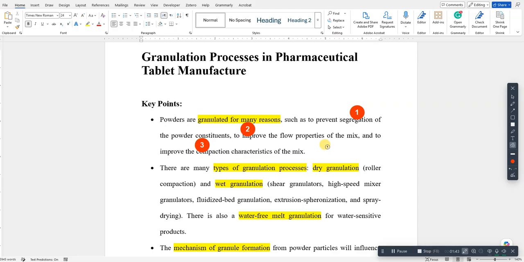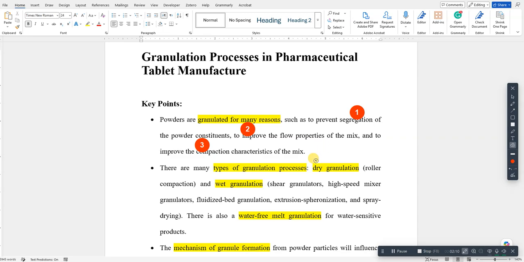In most cases, just mixing the powders and filling them in die cavities of the tableting machine does not result in compacted tablets with sufficient strength. So making them as granules will provide them with such compaction characteristics.